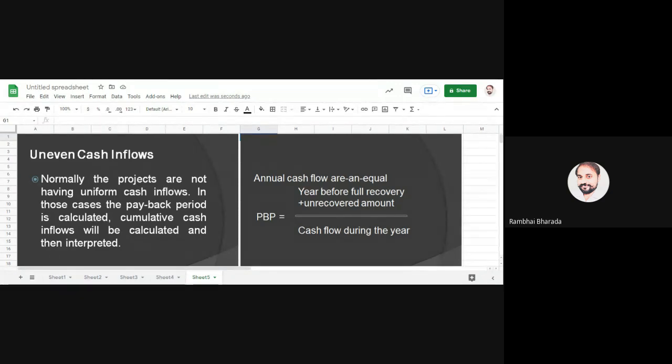So see, cash inflow during the year remains the same, but in the upper side we have some changes, which we will discuss separately. Let me share one practical question so you will get a clear idea.